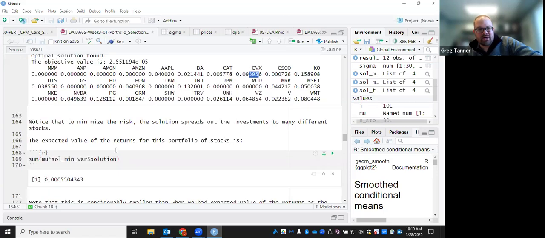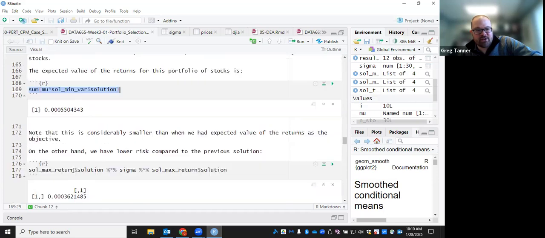But notice that the expected value for this solution is 0.00055. I think previously it was 0.0025. And so this is only about 20% of as good of a return as what we had before. So we gave up a lot of expected returns, or reward, in order to reduce our risk.